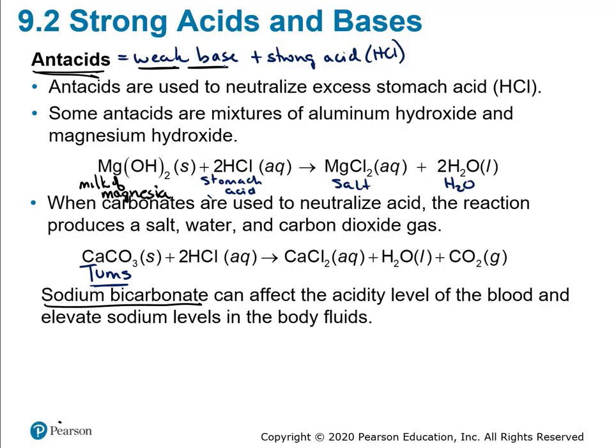Magnesium hydroxide will still react with hydrochloric acid, that excess stomach acid, and notice that it still makes a salt and water. So it helps to decrease the amount of acid present in the stomach, and that helps to relieve the acid reflux, the stomach irritation that you would otherwise have.